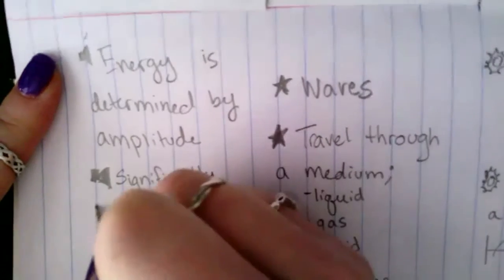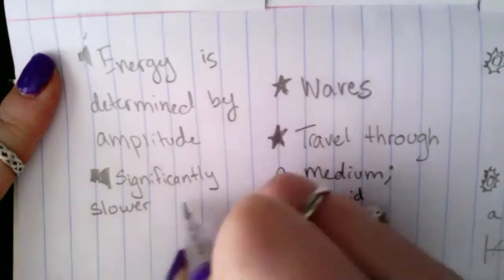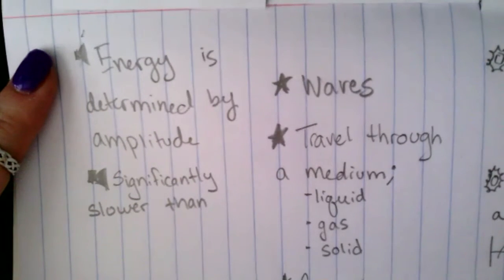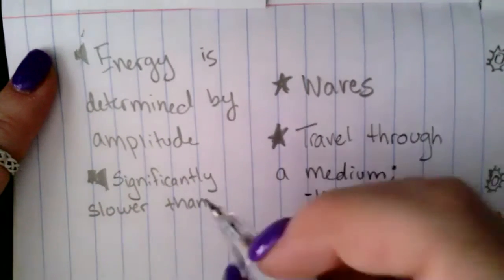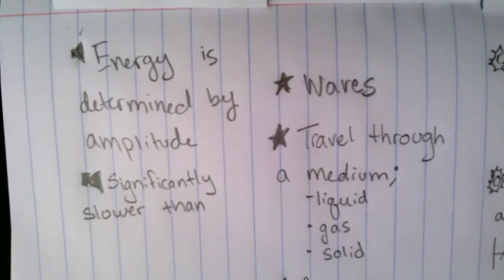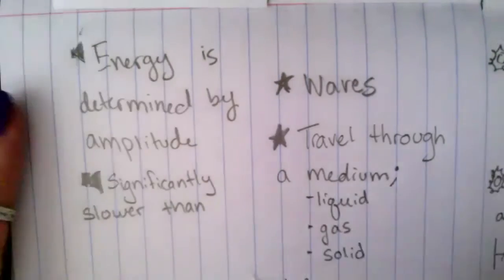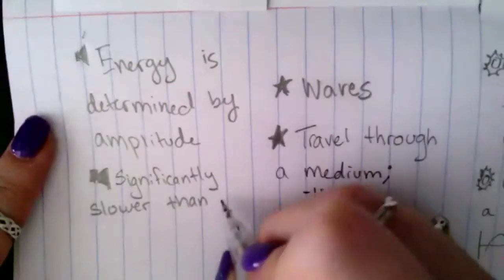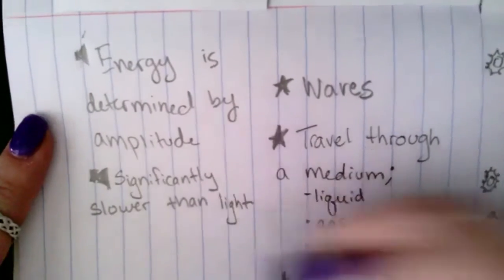The speed of light is 900,000 times faster than the speed of sound. Yes. So it is significantly slower than light.